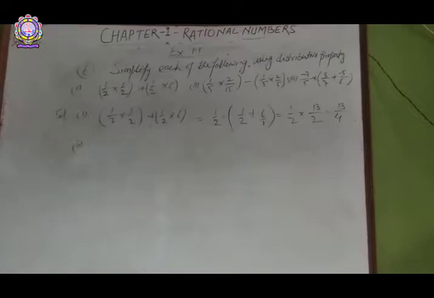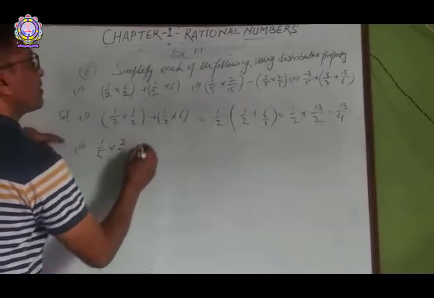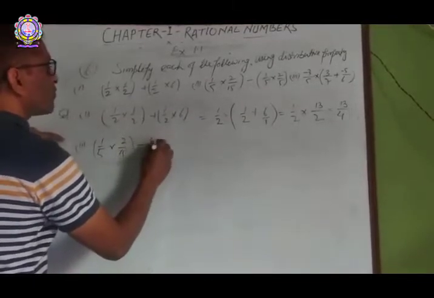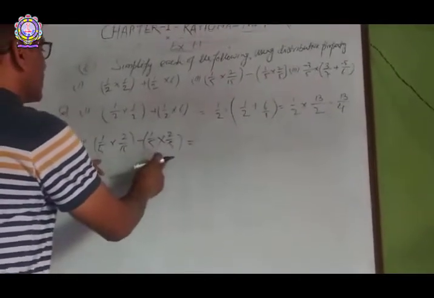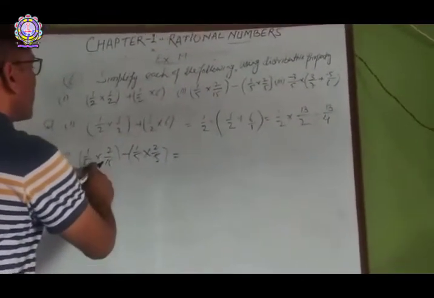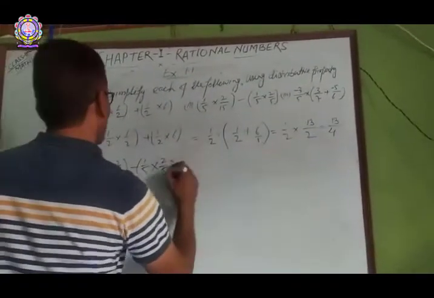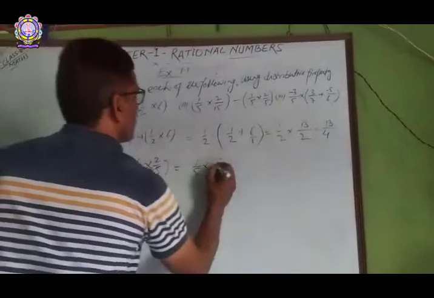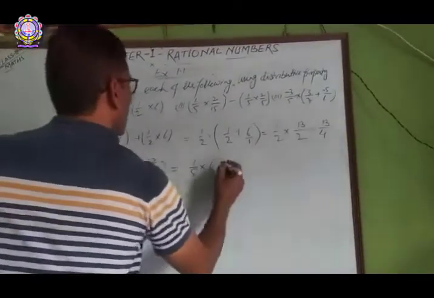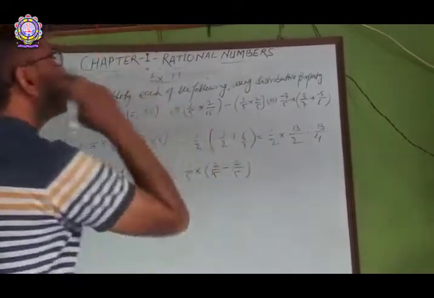Part second is 1 upon 5 into 2 upon 15 bracket close minus 1 upon 5 into 2 upon 5 bracket close. Here we can see that 1 upon 5 is common in both. Therefore, we can take out 1 upon 5. Now, 2 upon 15 minus 2 upon 5.